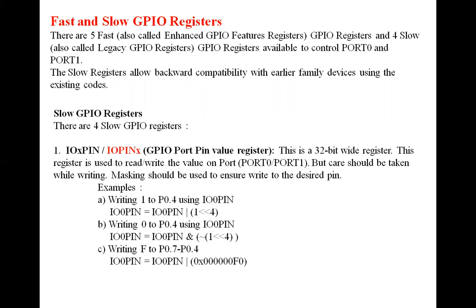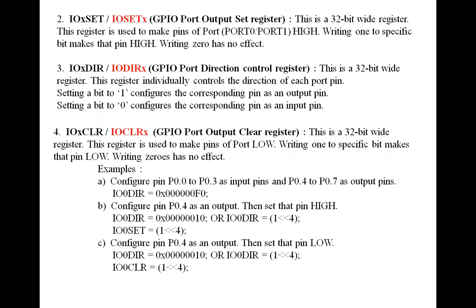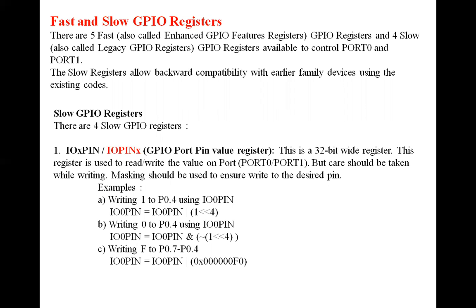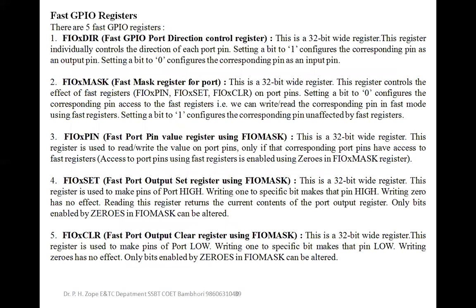Okay, the IOPIN, IOSET, IODIR or IOCLR registers, right? So this is the biggest difference between your fast GPIO as well as slow GPIO, right? Now I'm ending this second unit. Okay, so the second unit will have these points. Now I'm going to continue with your third unit.